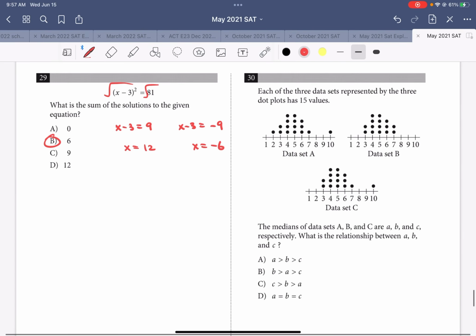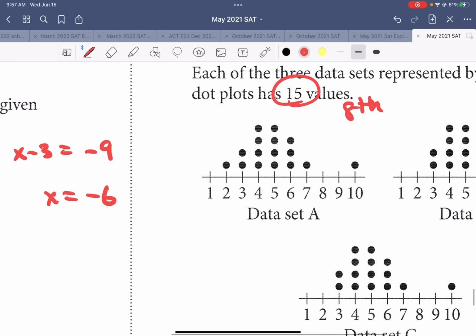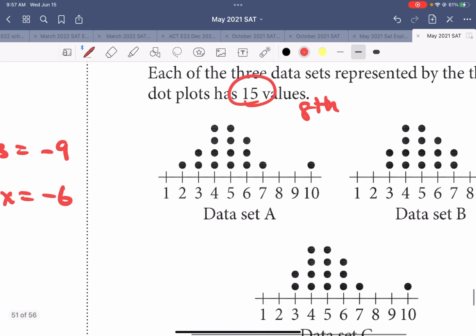Number 30. Each of the 3 data sets represents 15 values. The medians of A, B, C are lowercase a, b, c respectively. Now what is the relation between the lowercase a, b, c? So let's find the medians in each data set. You have 15 values. So this one is the median in this data.